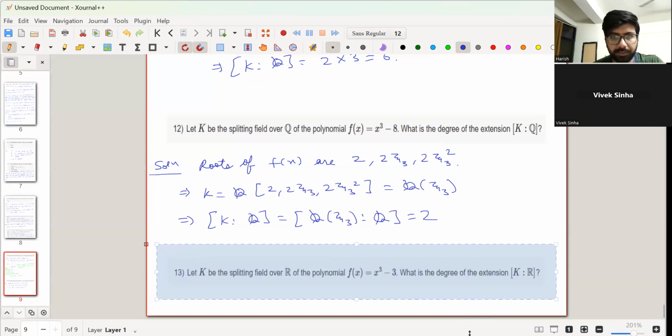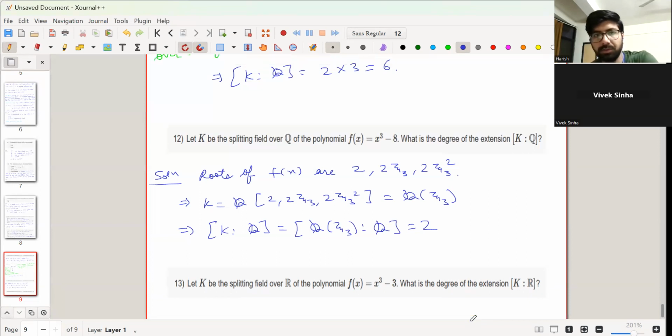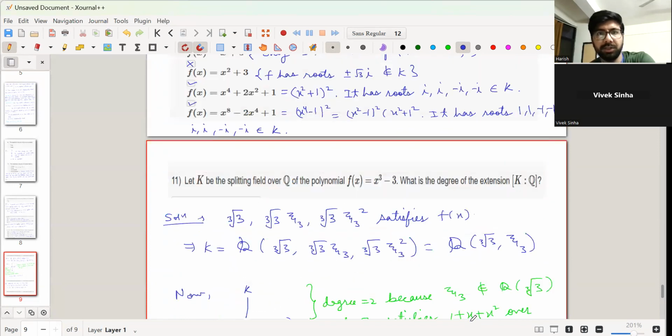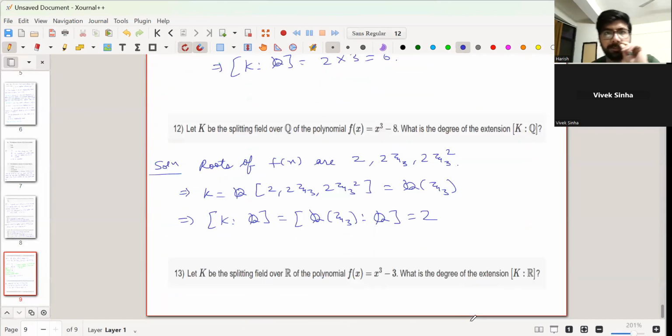What is the degree of K over R? So earlier we computed over Q in the 11th question, but now we are supposed to calculate it over R.